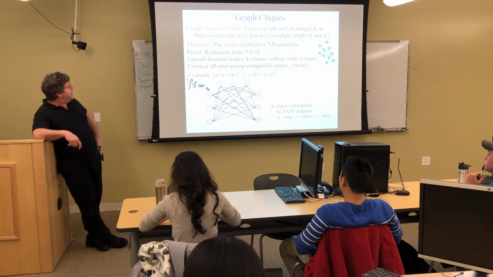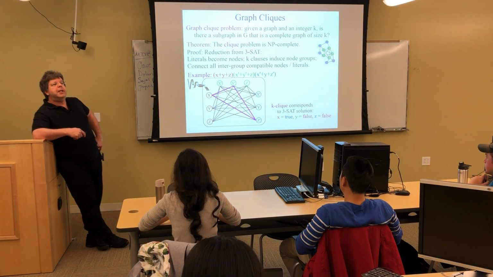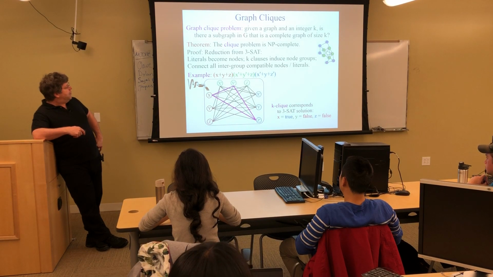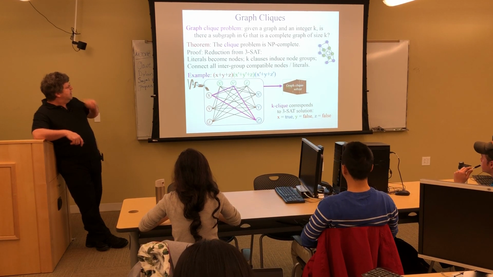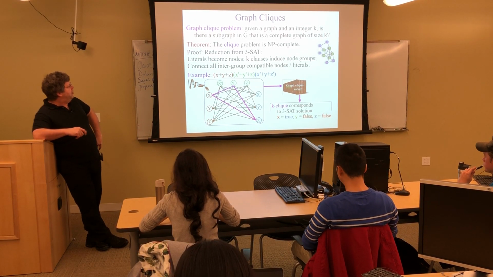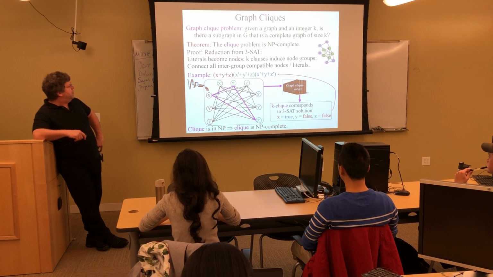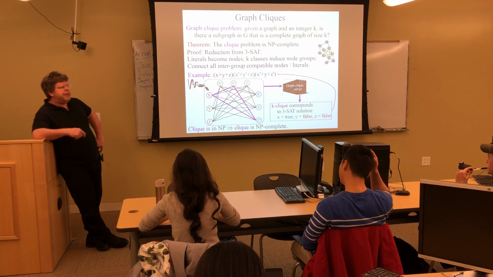So what have we done here? We've reduced the problem of satisfiability to the problem of finding a clique. Once you find a clique, you found yourself a satisfying assignment by this transformation. So you've built a SAT solver, a satisfiability solver, from a graph clique solver as a subroutine. So you've reduced all of NP to graph cliques.